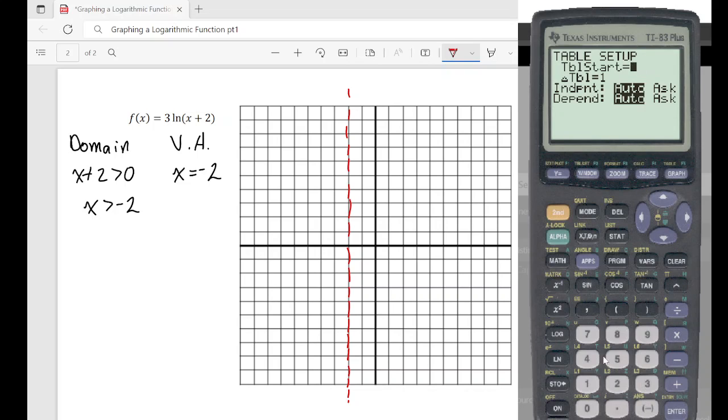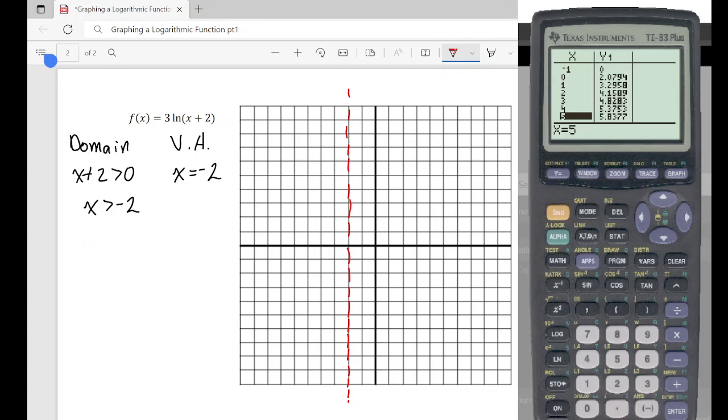I'm going to set the table start to 0, and it's still 1 in all auto, so now I'm going to graph it. I got a bunch of really terrible decimals, but I got a nice point there, and there's my errors again at the vertical asymptote, which proves the domain is anything more than negative 2.